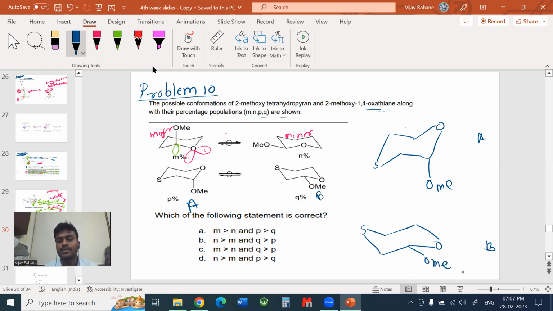If you see this one, the lone pair of electrons present on oxygen stabilizes this bond due to the anomeric effect. But we need to consider this lower oxygen, which has an electron pair, and the sulfur also has a pair of electrons.